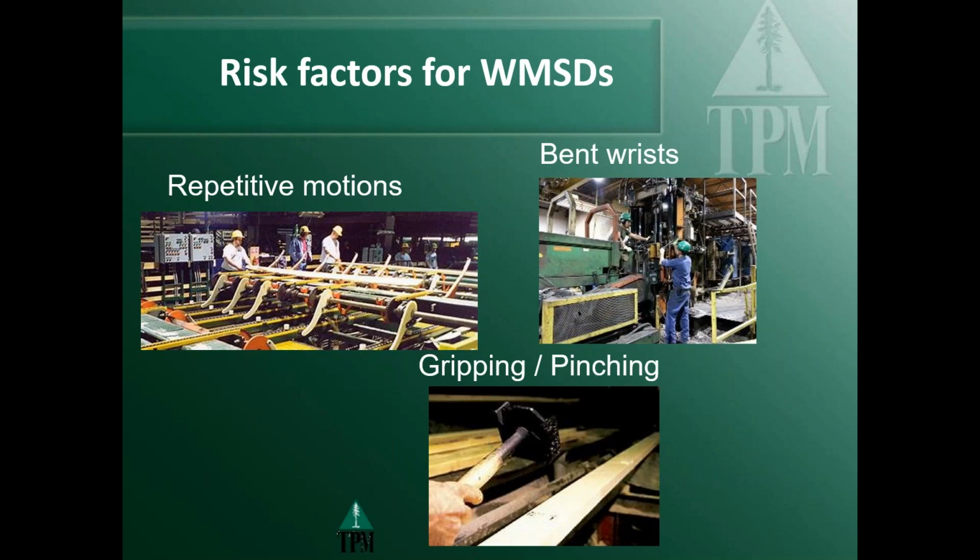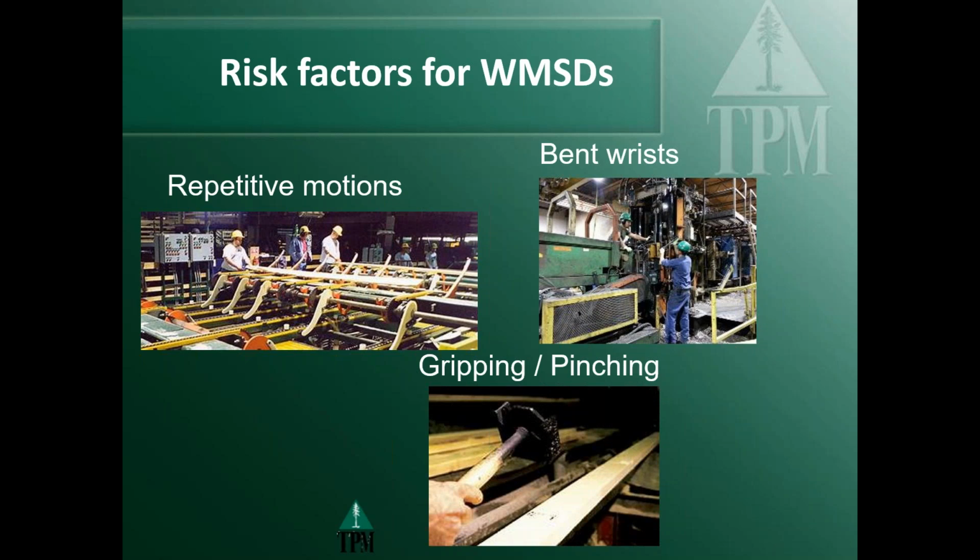With these, we've got other risk factors, and I'm probably risk factoring you to death with this, but we take that they're doing that repetitive motion and they've got bent wrists. Well, now we're starting to get into multiplication tables of how likely or how severe this injury is going to be. There's a lot of gripping and pinching that our folks are having to do, whether it's a tool, whether it's a control, whether it's a part, whether it's a board.